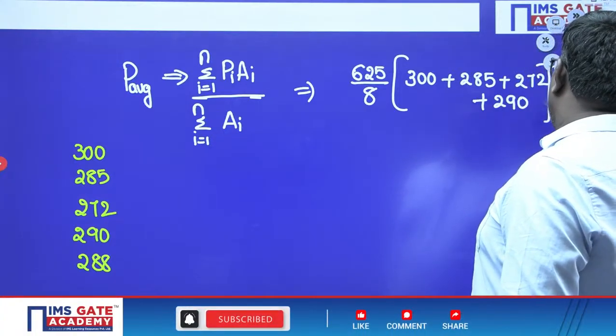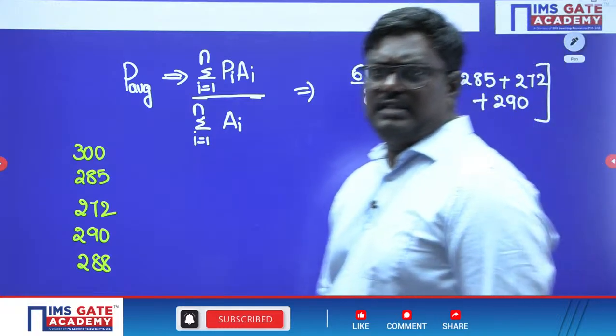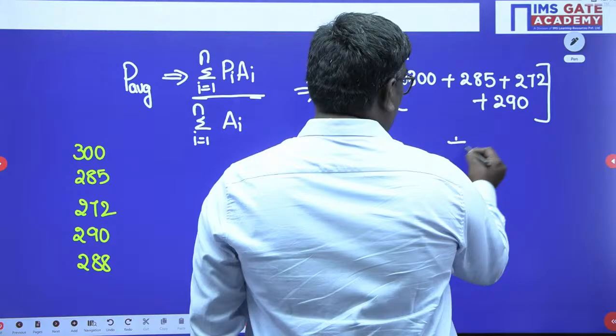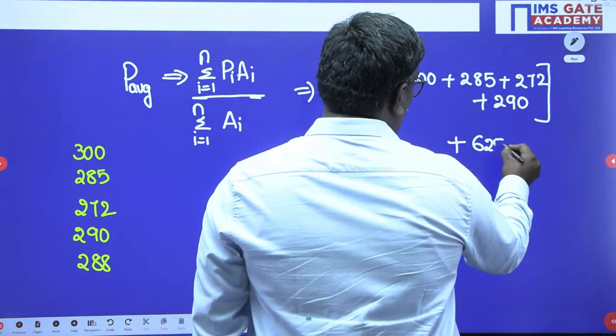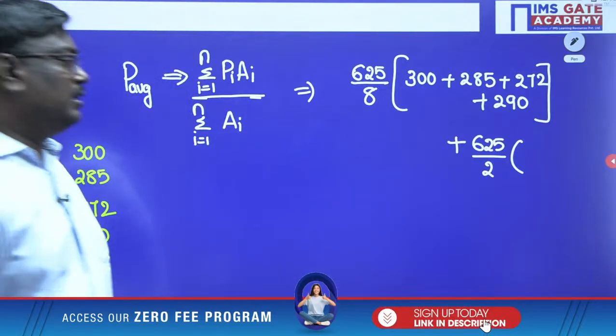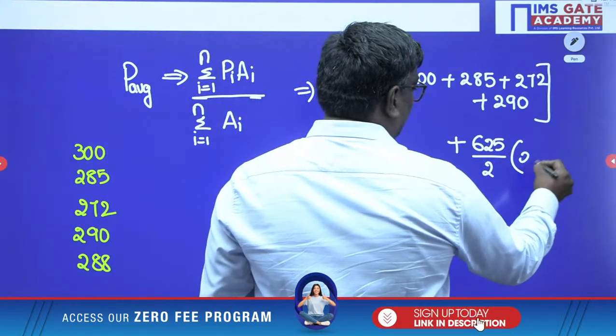And the area of the fifth one is how much, sir? It is 625 by 2 into, what is the precipitation of fifth one, sir? 288, multiplied by 288.